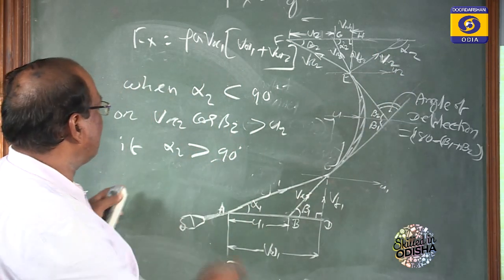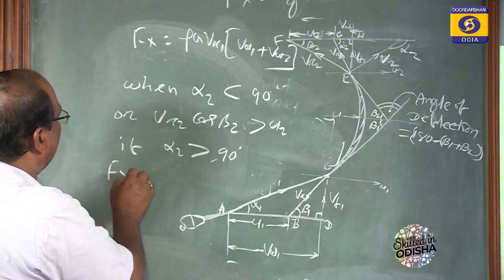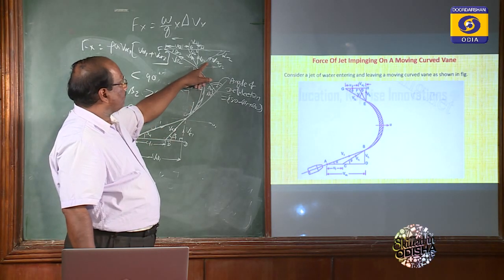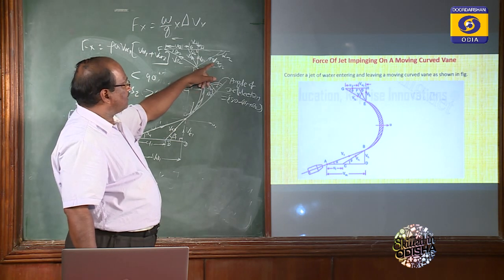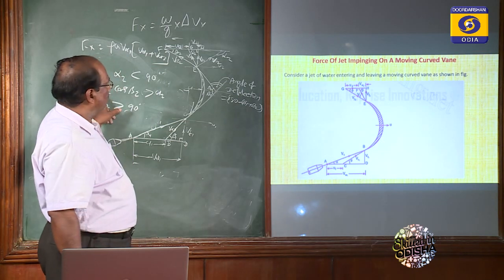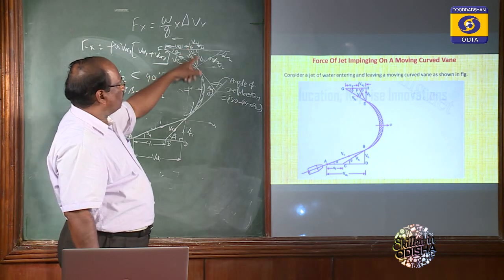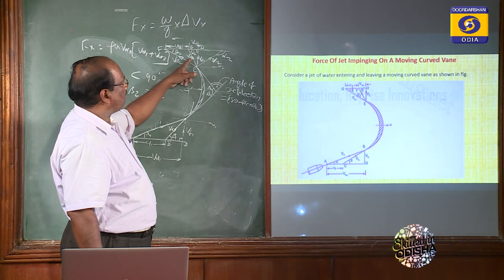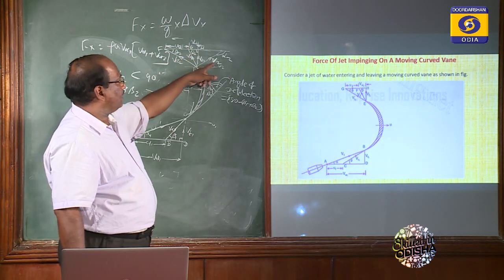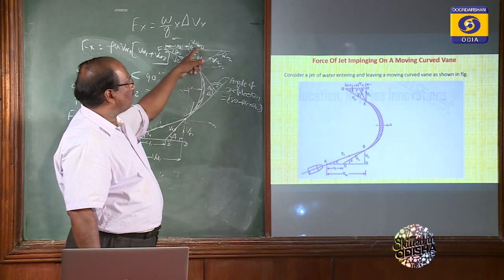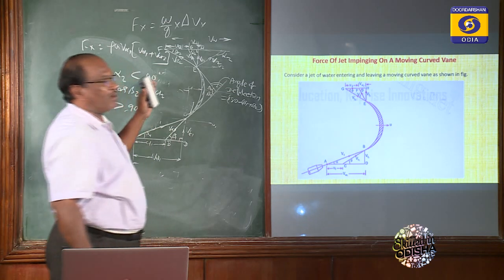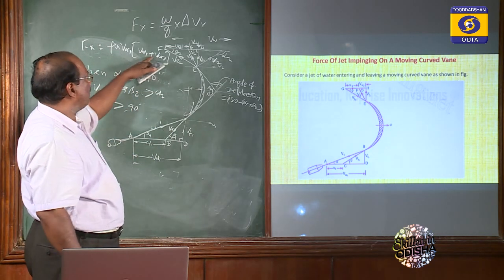So in this case, the component of VW2 is V2 cos alpha 2. See, V2 cos alpha 2. VW2 will be in this direction, from left to right, so this term will be minus.